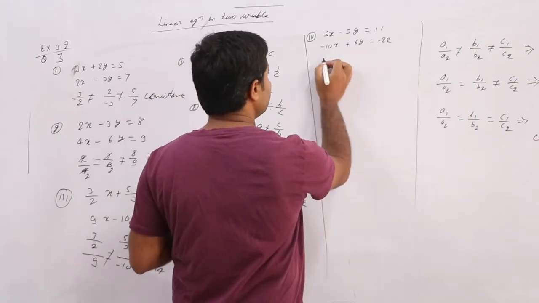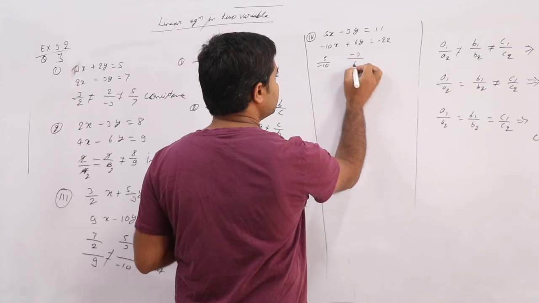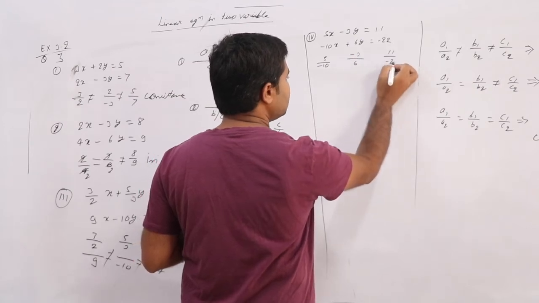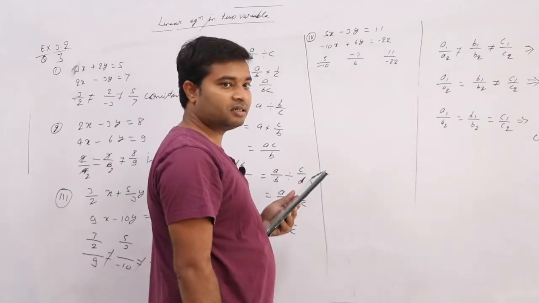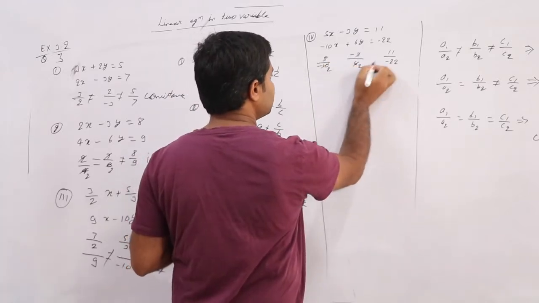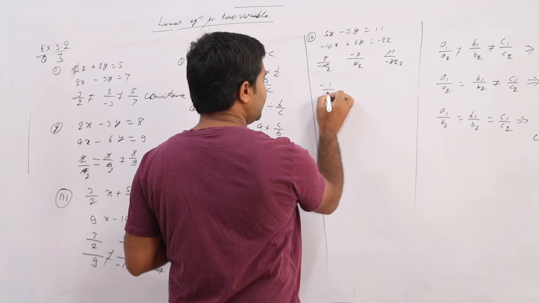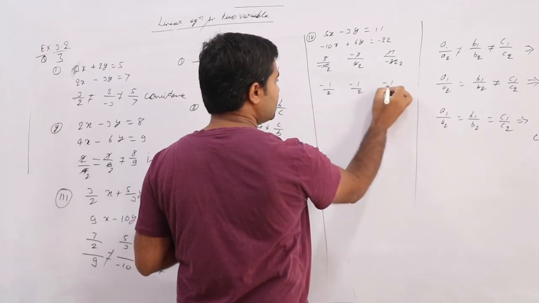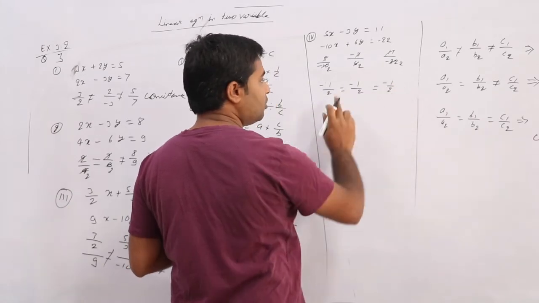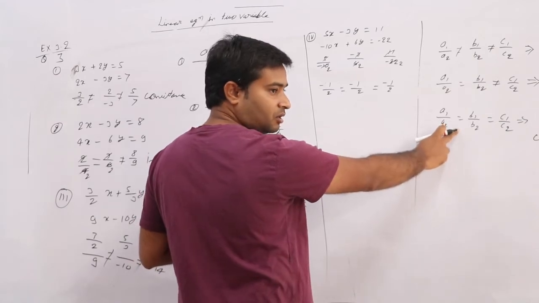So now do 5 by -10, -3 by 6 and 11 by -22. We have just separated. 5 twos are 10, 3 twos are 6, 11 twos are 22, so -1 by 2, -1 by 2 and -1 by 2. All are equal. All are equal means consistent.